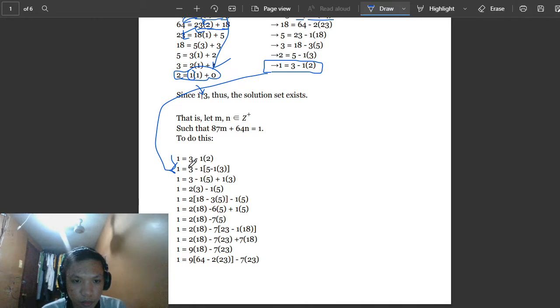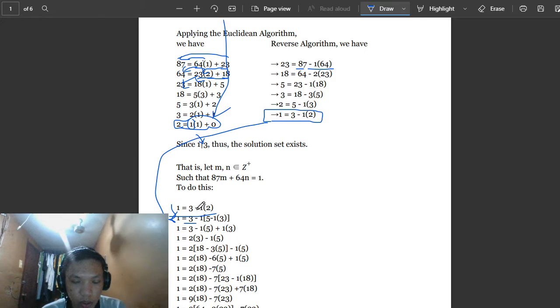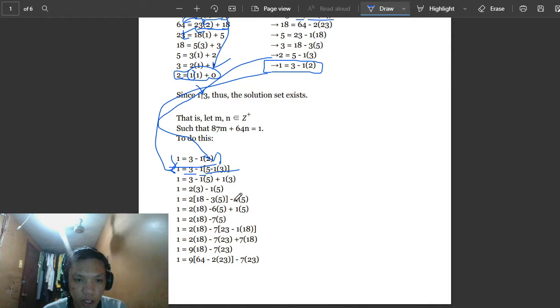Copy it, then 1 equals 3 minus 1 times 2; replace the 2 with a bracket, same as what you did, sir. Then solve for it: 1 times 5, then 1 times 1.